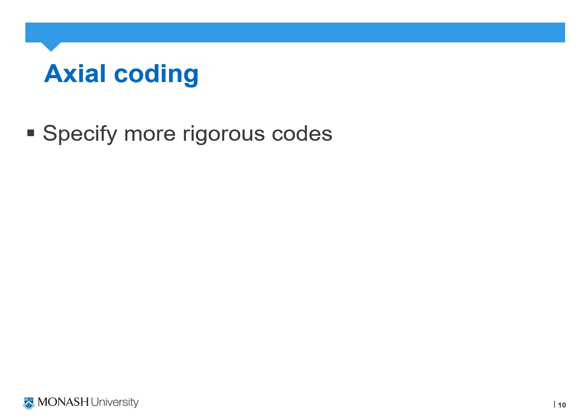Axial coding is the next step. By doing our open coding, we may have potentially 25 categories that we've pulled out of the transcript. Axial coding then tries to take those categories and arrange them in a way that we're condensing the categories into more central categories or themes.